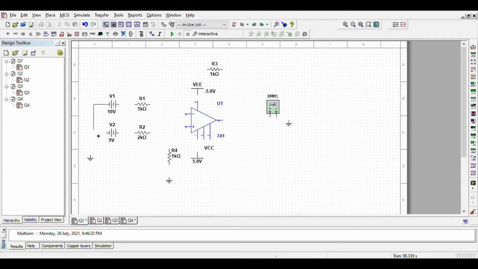First, same as the question, I will construct it. Then the negative input connects to 1K, which is R1, and the positive input connects to R2.